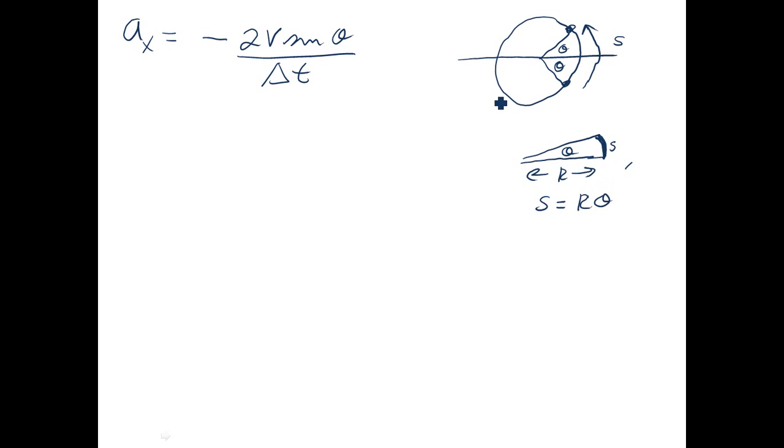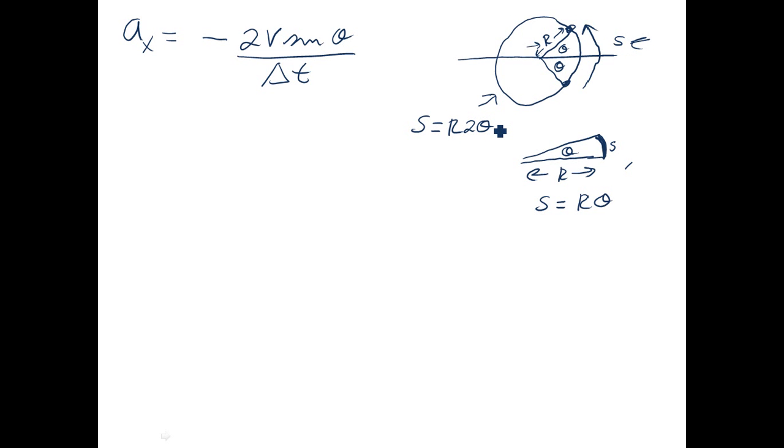So we can do that here. We can say that this S must equal R times the angle. And again, my object is going around a circle of radius R. I've mentioned it, but I haven't drawn it in before, but that's radius R. And it travels through, in this case, this S here goes through 2 theta.